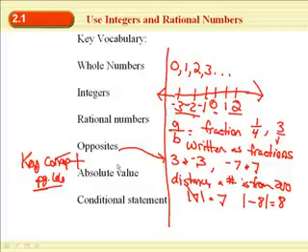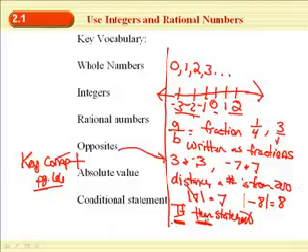A conditional statement we're going to talk about is an if-then statement. So if this happens, then this happens. If you study for your test, then your grade will be good. If you get your work done, then you can go out with your friends and play.